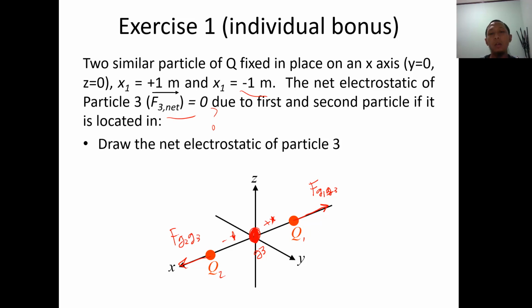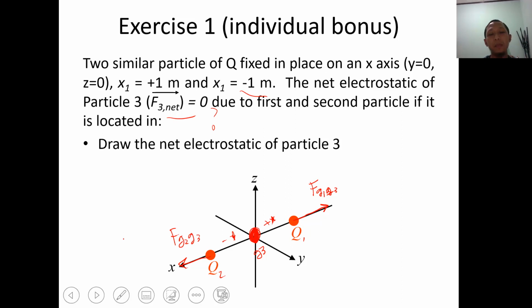Okay, so if we use this assumption, if the charge is similar, or if the charge is not similar, like it's negative, the net electrostatic force on particle 3 is similar to 0. This is if we put it positive like this one.